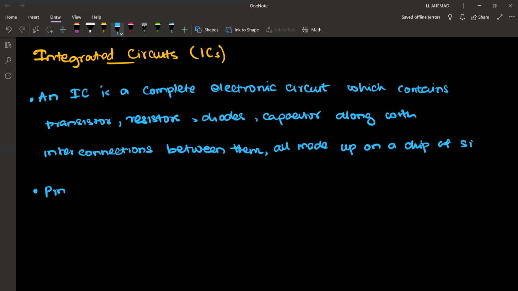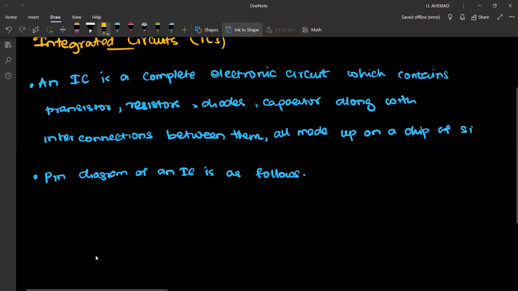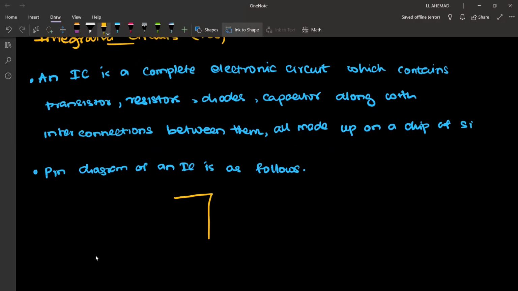Pin diagram of an IC is as follows. So when you take an IC, you will have a certain number of legs. For this example, I'll consider it has 8 legs.